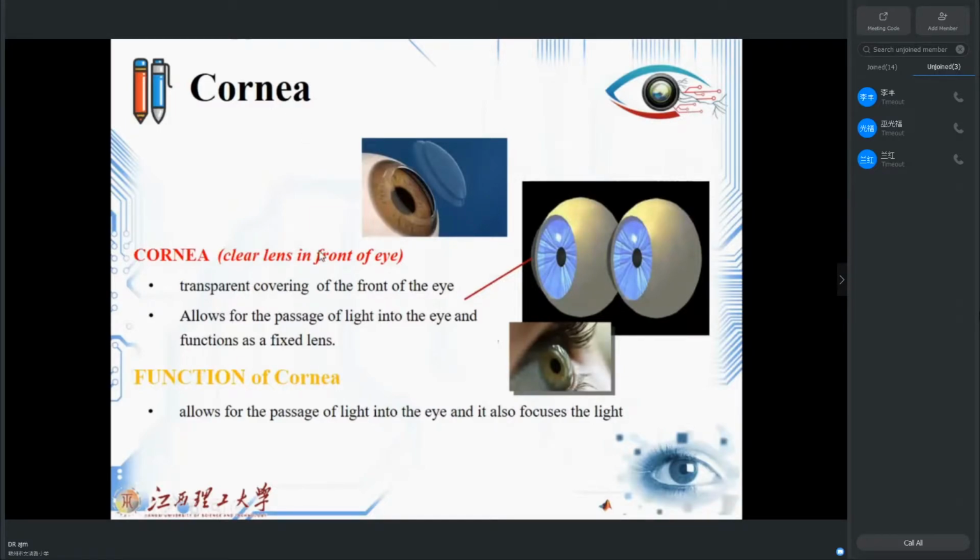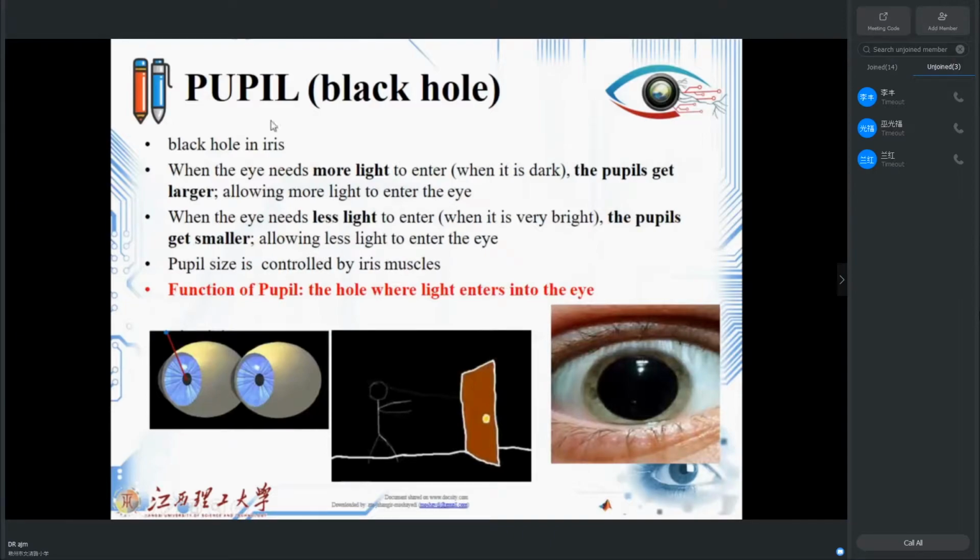Then the pupil is the black hole that we have in our eye. You can see it in this figure. When I need more light to enter, suppose it's dark, the pupil does a nice job: it gets larger, allowing more light to enter the eye.